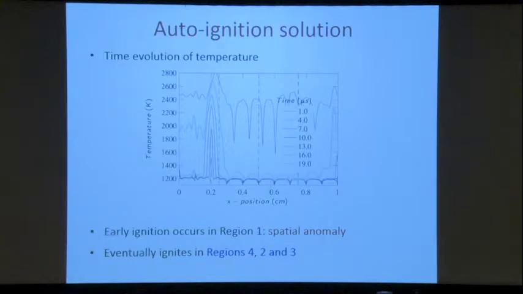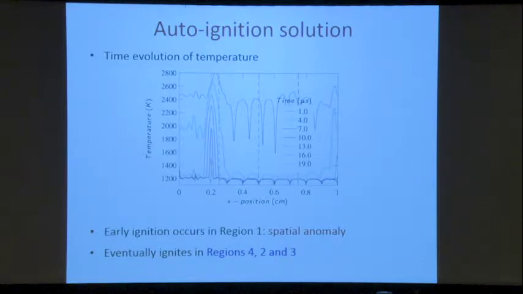So the autoignition solution here is trivial. What you see in time is that the first region on the left autoignites first because the temperature is hottest there. So you can see the temperature goes up rapidly to well over 2500 in the first domain.